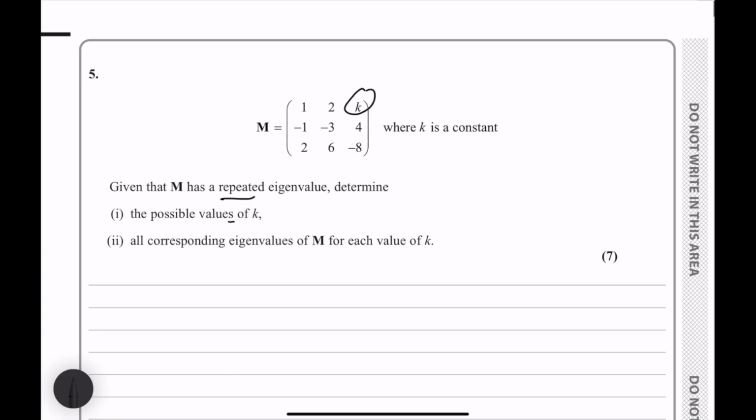So we've got more than one value of K. Repeated eigenvalue. Okay, to do this we are using the fact that the determinant of A minus lambda I is equal to 0 to determine the eigenvalues, because the information about the eigenvalue is what's going to help us to determine the value of K by the looks of this.